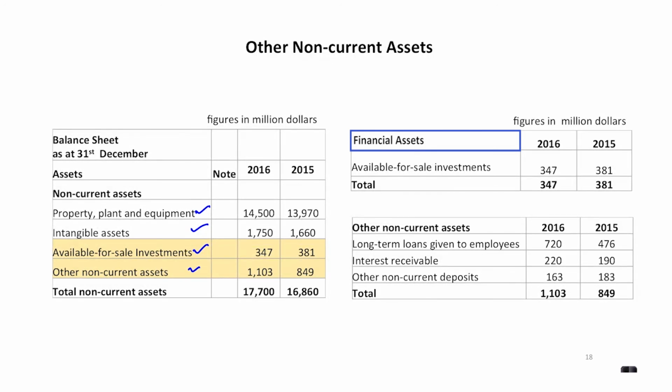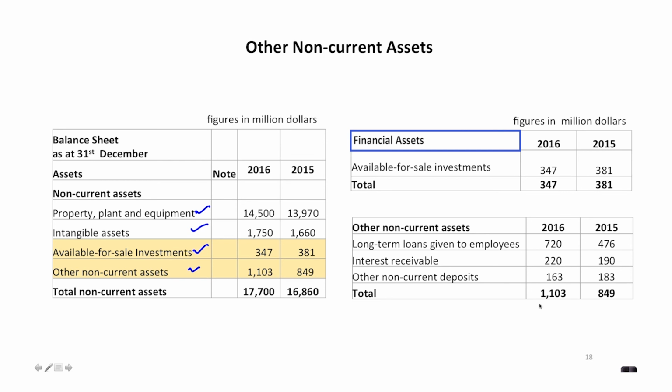Other non-current assets include items such as long-term loans given to employees, sometimes other advances given to suppliers and others. Ginger Company also has interest receivable and other non-current deposits.